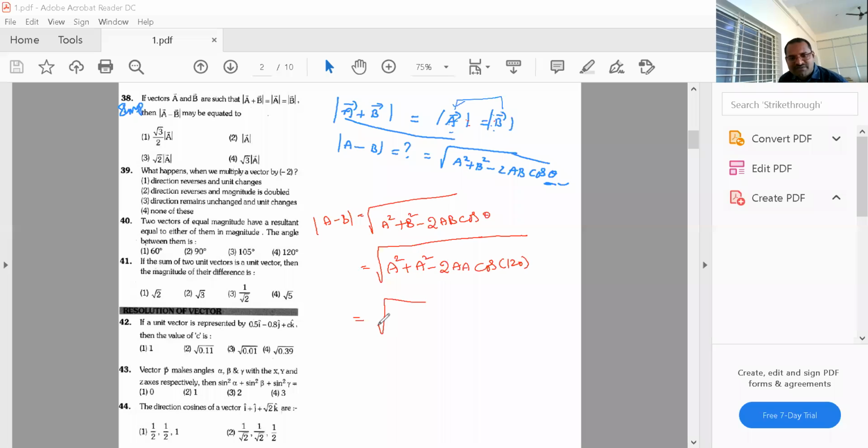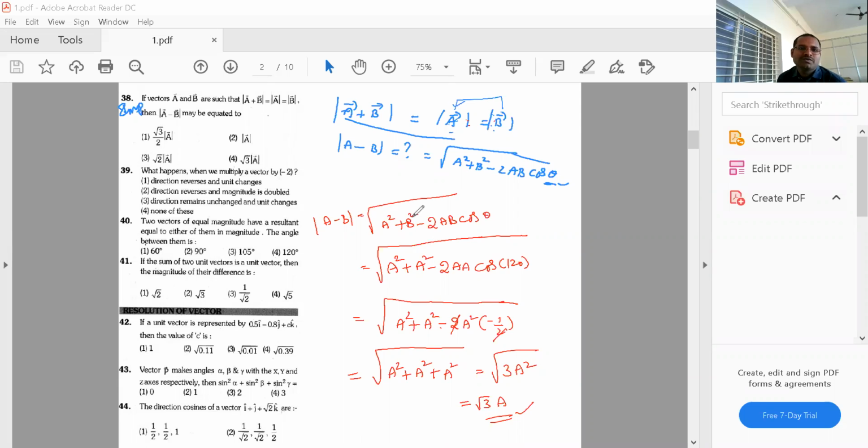It will become root of a square plus a square minus 2a square into minus 1 by 2. Are you getting? This half cancels. You get root of a square plus a square plus again a square. How much is it? 3 times a square. This will become root 3 times a. Finished. So the answer is root 3 times a.